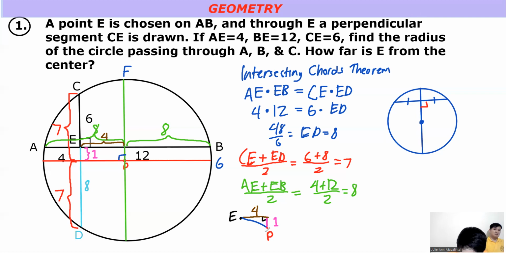So this is a right triangle, so Pythagorean theorem. Yes, you state it for those who are trying to learn. Let's not assume that they know everything. So this is the distance from E to the center.